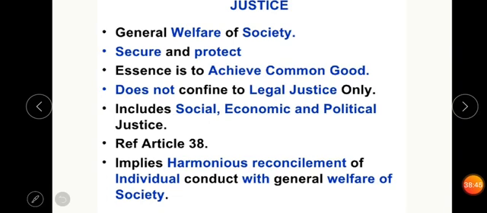Now about political justice. What is political justice? It implies that everyone has the right to participate in the affairs of the state. So if you realize that there is something wrong in the state, you can raise your voice. You are free to strike. You are free to start any kind of movement.